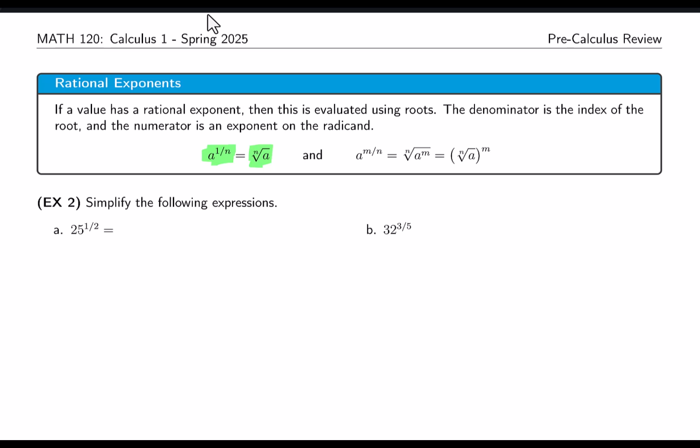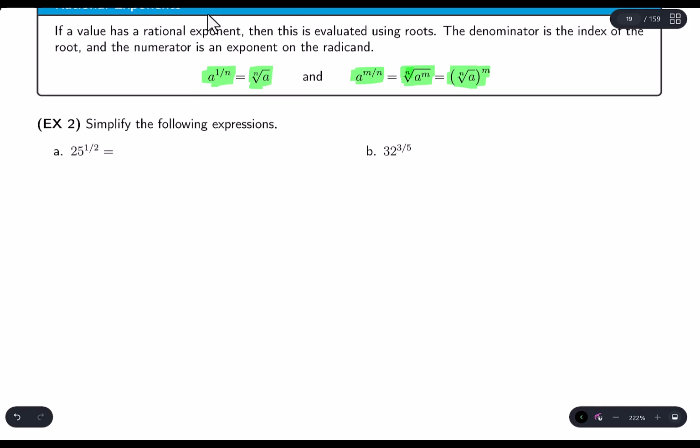And that's often the one that gets used. But if you have a real fraction, like 2/3 or something, then the denominator is the index of the root, and the numerator is an exponent, just as normal. And what's nice is that exponent can be underneath the radical or outside of the radical, and it doesn't really matter. It's just whatever's easier for you under the given situation.